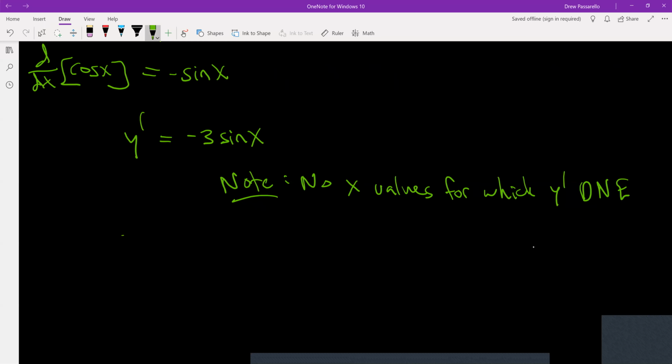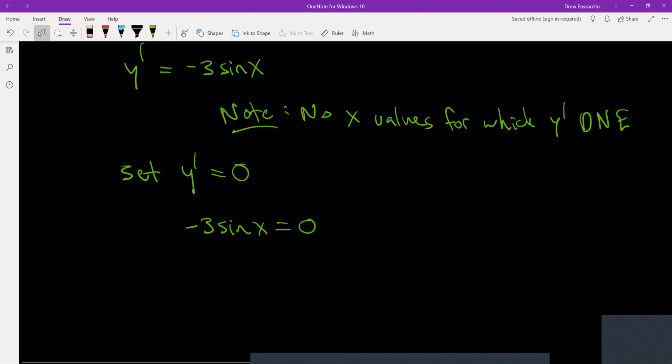So I just focus on setting the derivative equal to 0 to get any critical numbers. So that's negative 3 sine x equal to 0, and you divide both sides by negative 3. So that means focus on when sine of x is equal to 0.